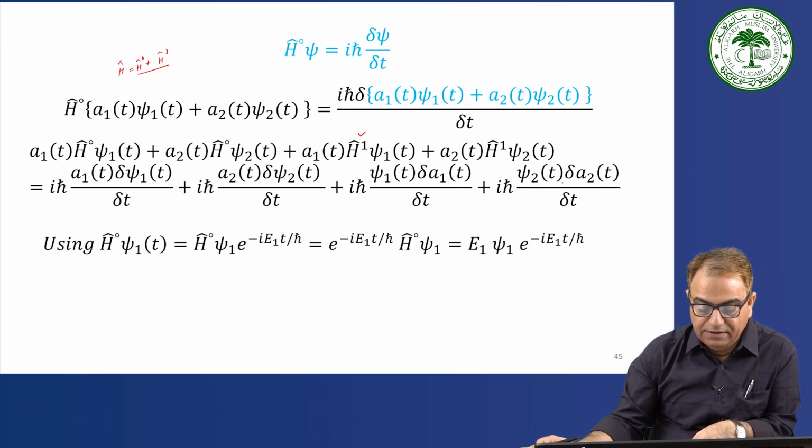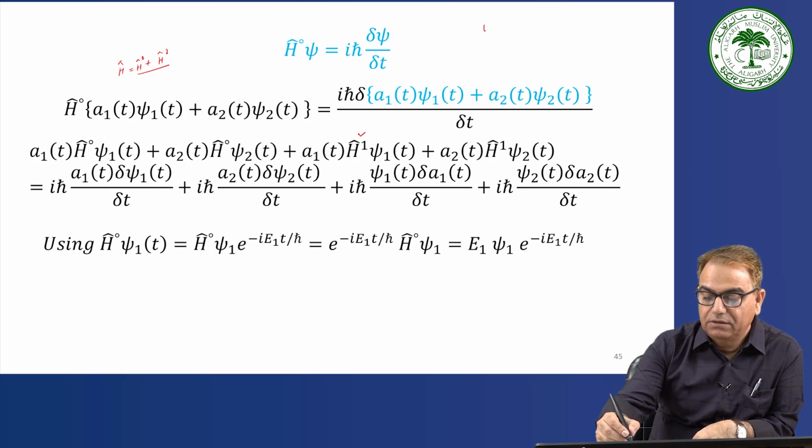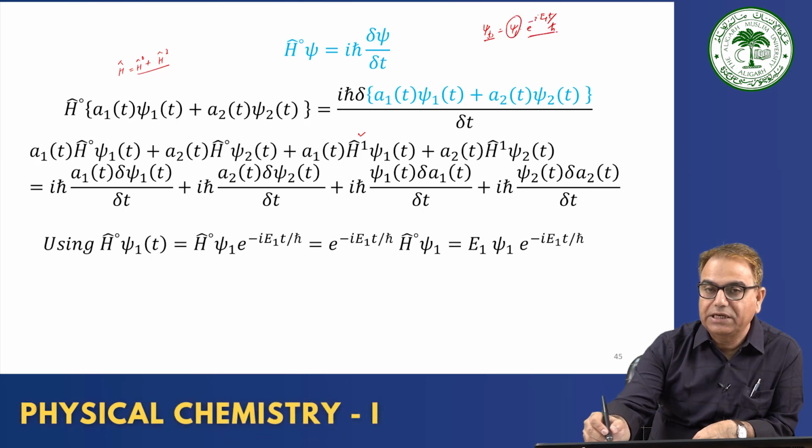Okay, and using this one, H0 psi 1(t) actually has both parts: psi 1 into exponential minus i E1 t divided by h cross. This is very important, because psi 1 tells you the coordinate dependence and the exponential tells you the time dependence.